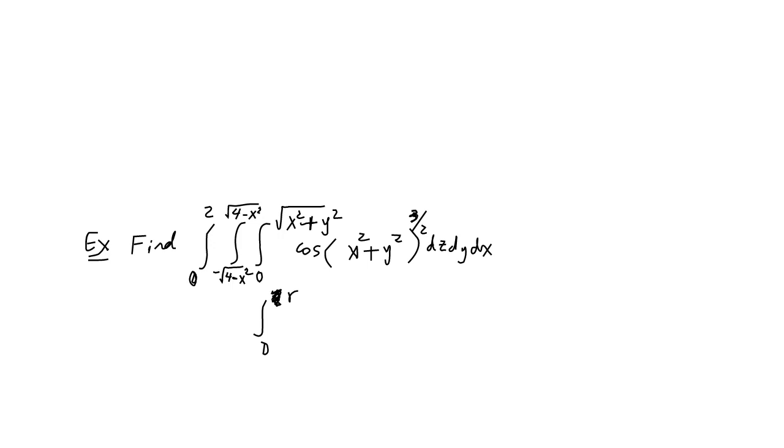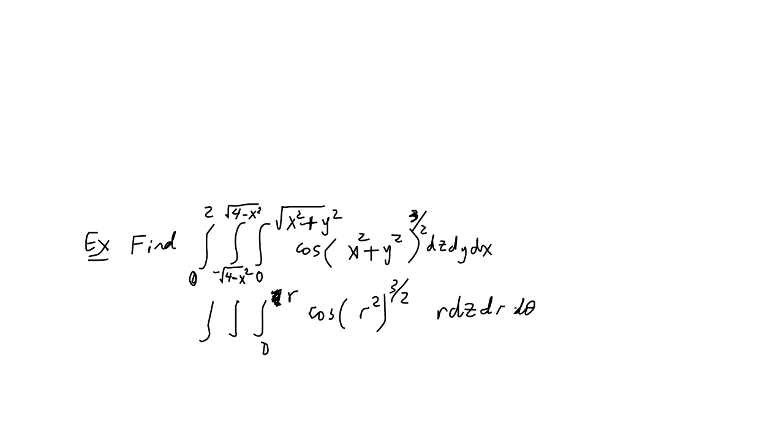We have to find the limits for dz, dr, d theta. Cosine of y squared is r squared to the power 3/2. Now, what are the limits for r and the limits for theta?